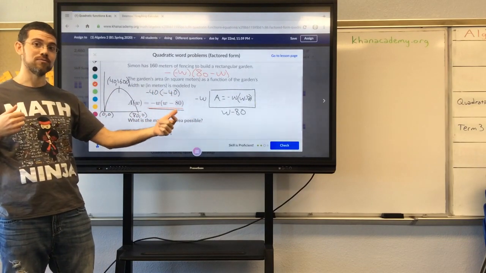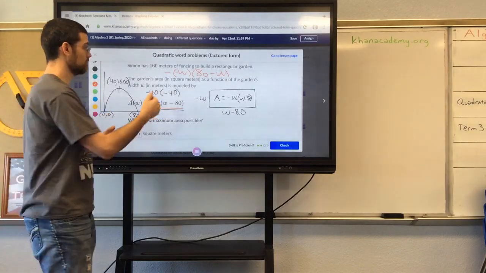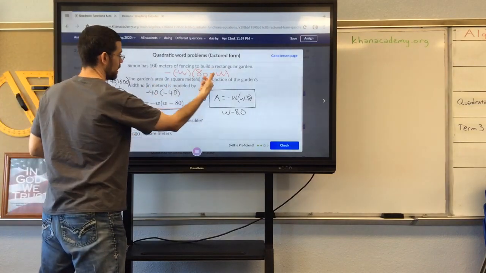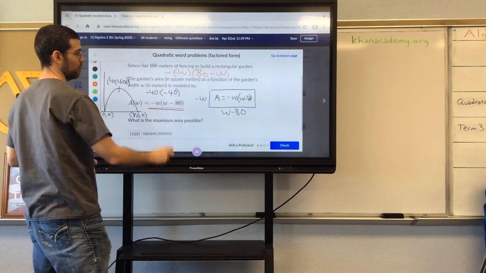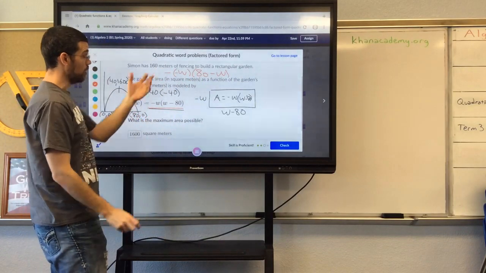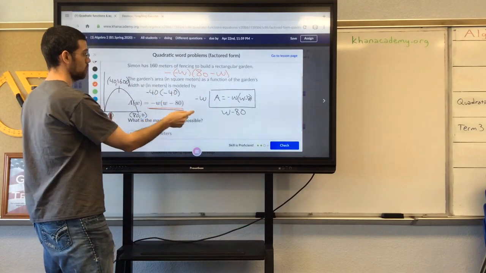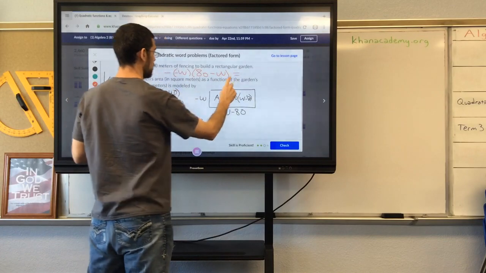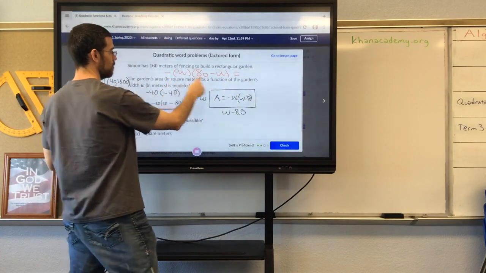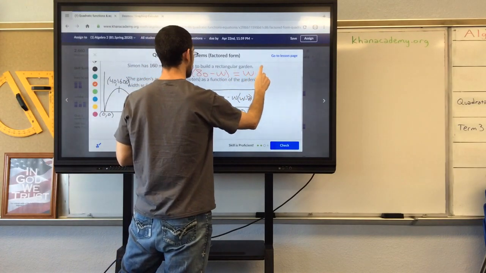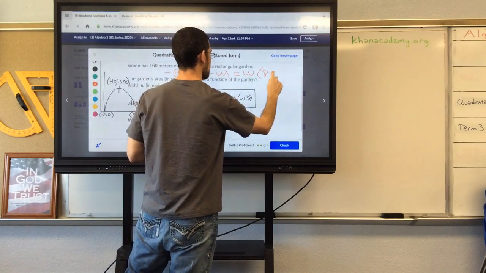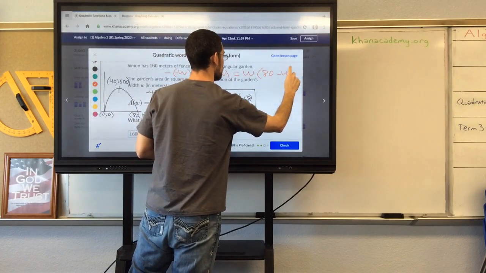The difference becomes the opposite. And so, if I switch those around, but then I put another negative here, that will be equal to this, okay? Which is, negative times a negative is positive, so W times 80 minus W.